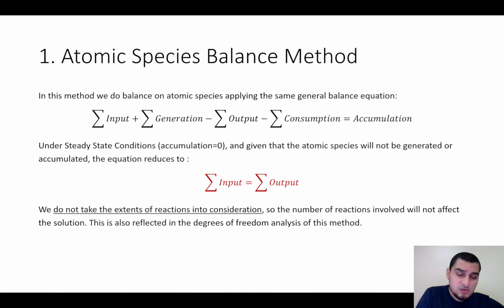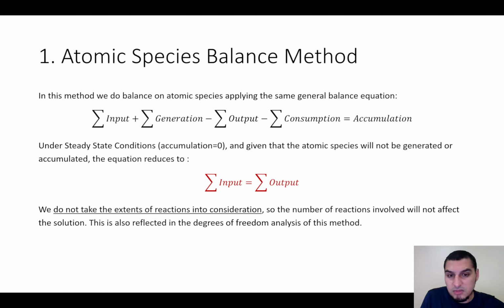It's important here, and this is one of the main differences between this method and the extent of reaction method, that we don't take the extent of reactions into consideration in the calculations and in the degrees of freedom analysis. And this is a very, very important thing. So here we don't really care about how many reactions are taking place and what are the compounds that are involved in each one of the reactions.